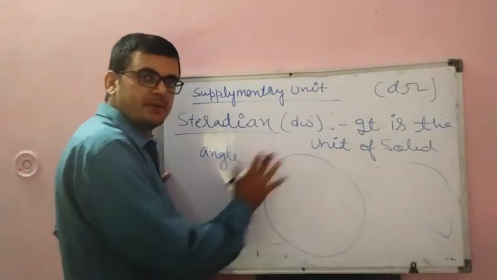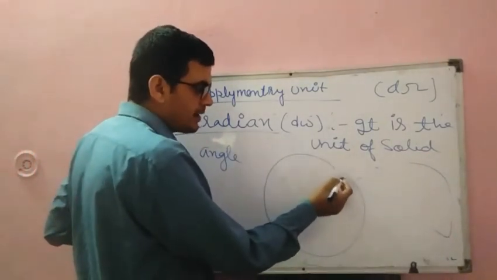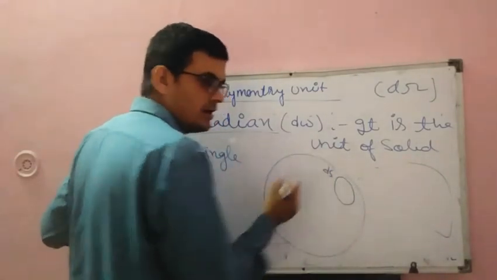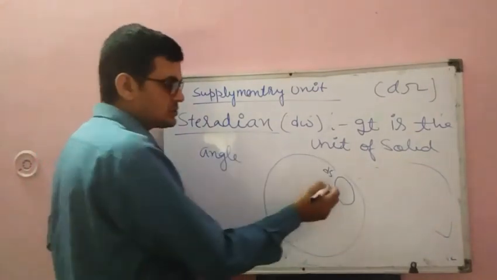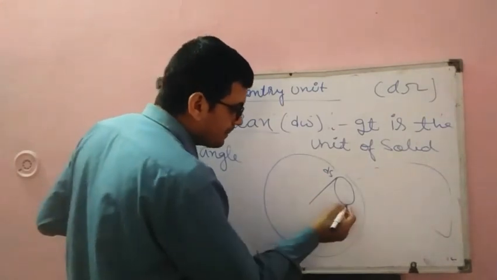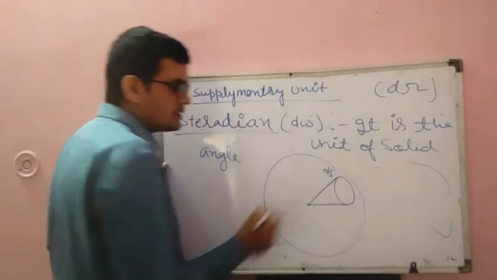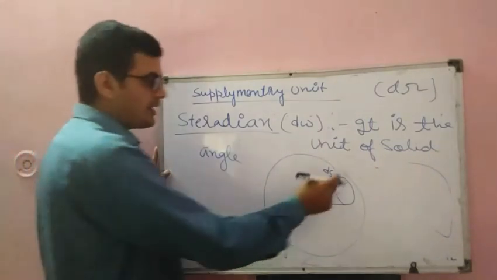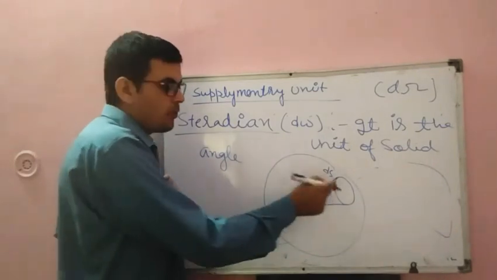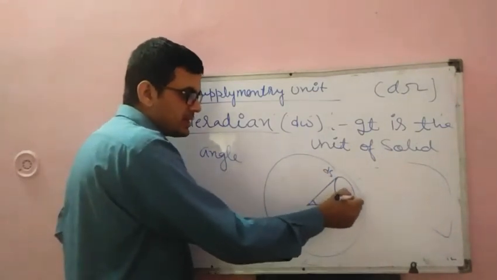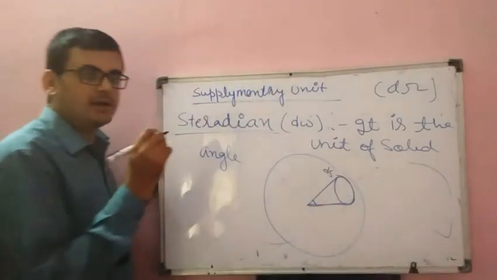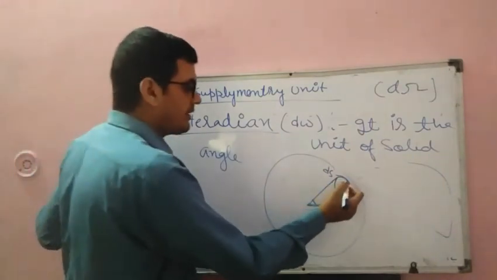Students, suppose this is the sphere, and I have taken a small area on the surface. So the angle subtended by this area at the center of the sphere when this area is equal to the square of the radius. How can we define it?